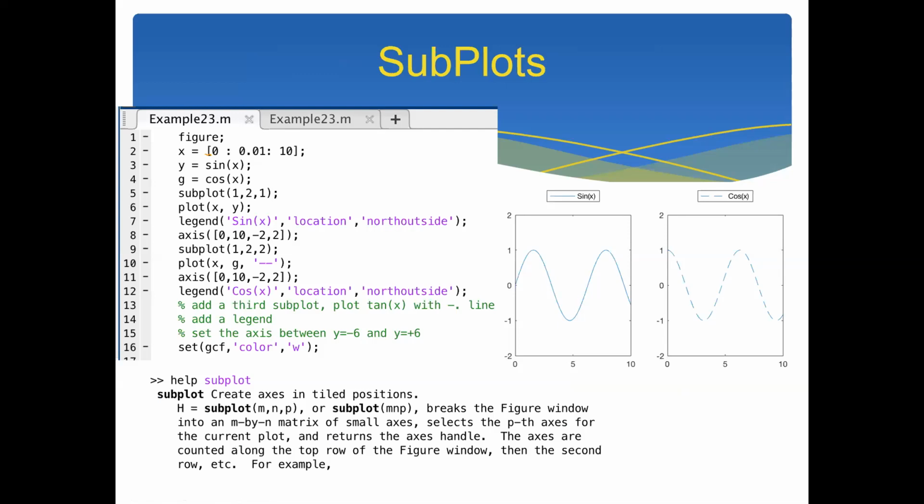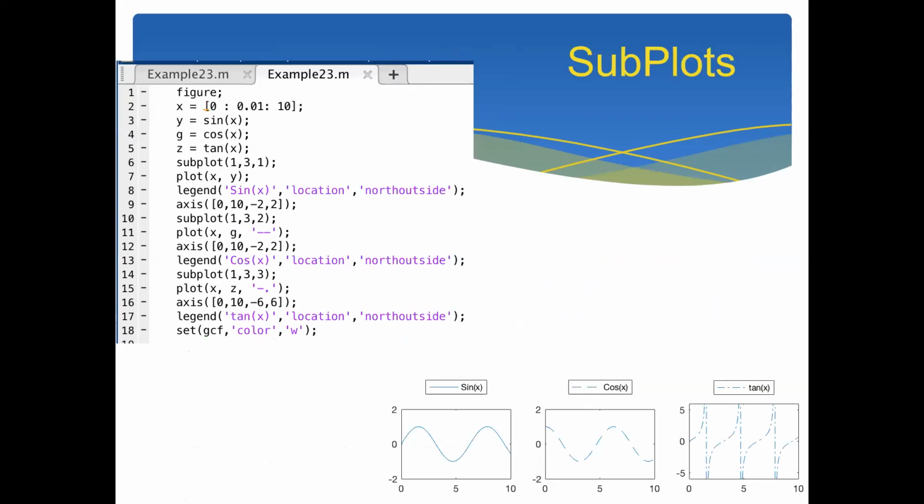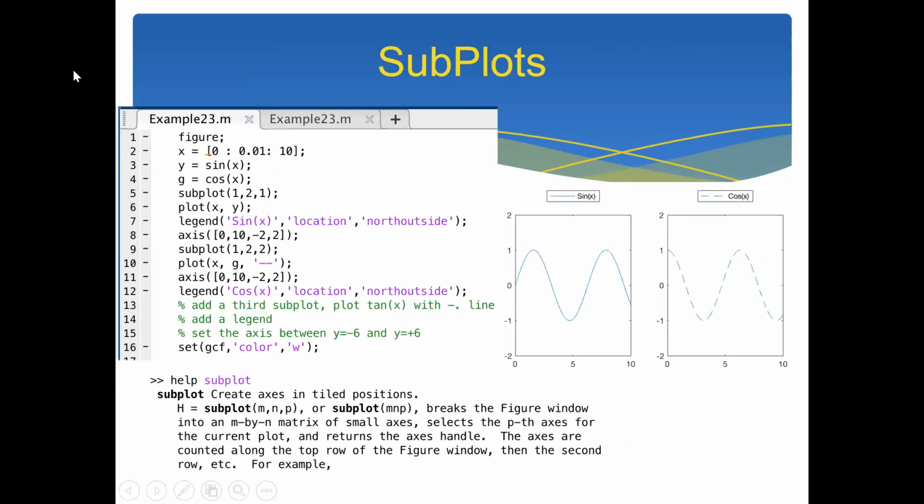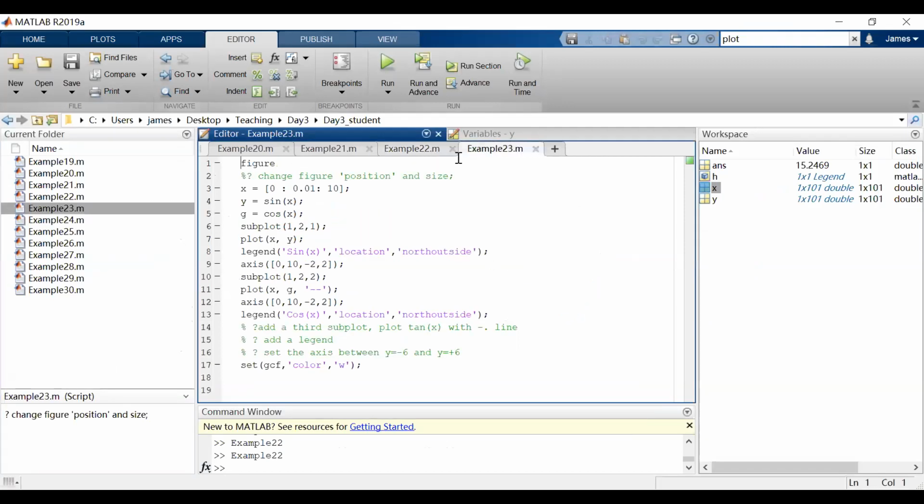Could you open example 23 and just run it to see what it gives? And then probably there is some task there in the code. Right, the task is add a third plot with tangent x, add a legend and set the axis.